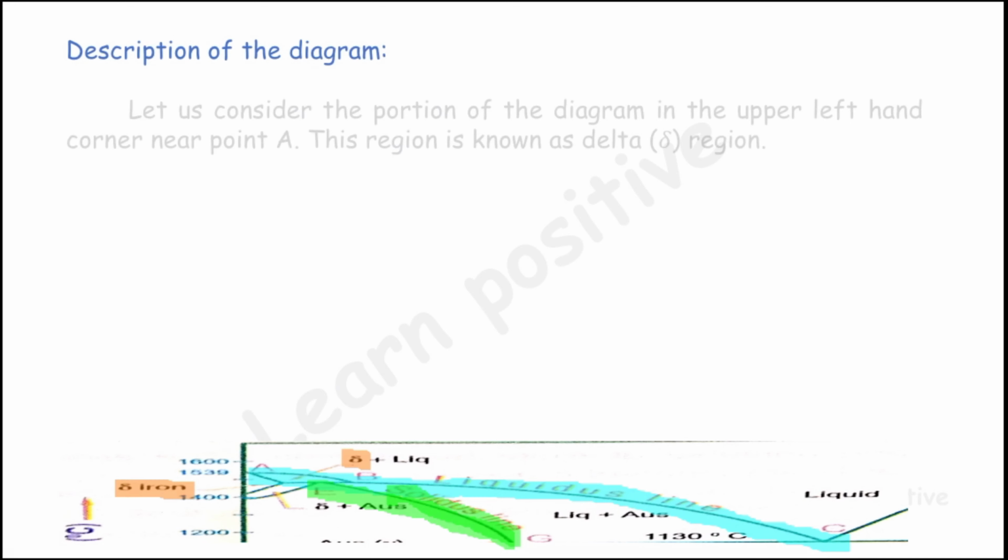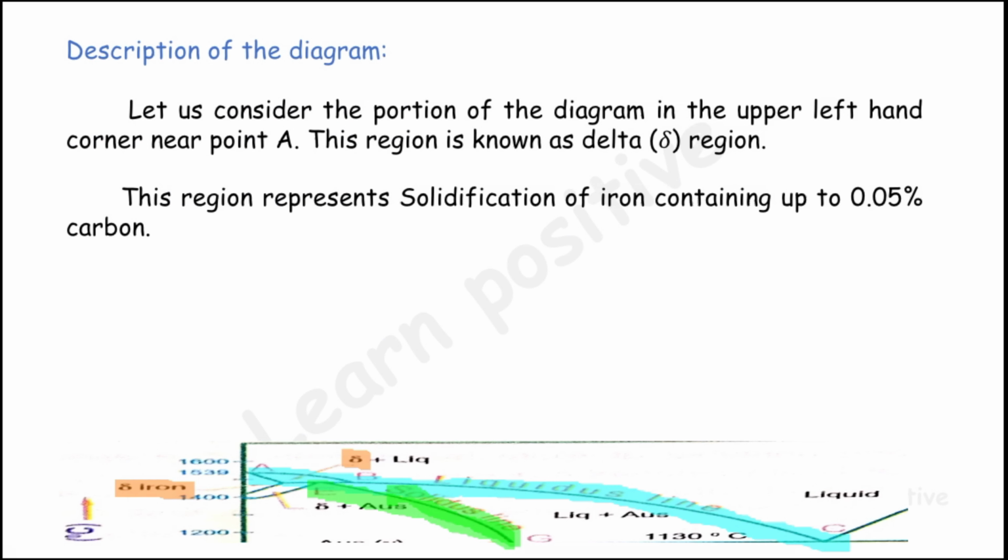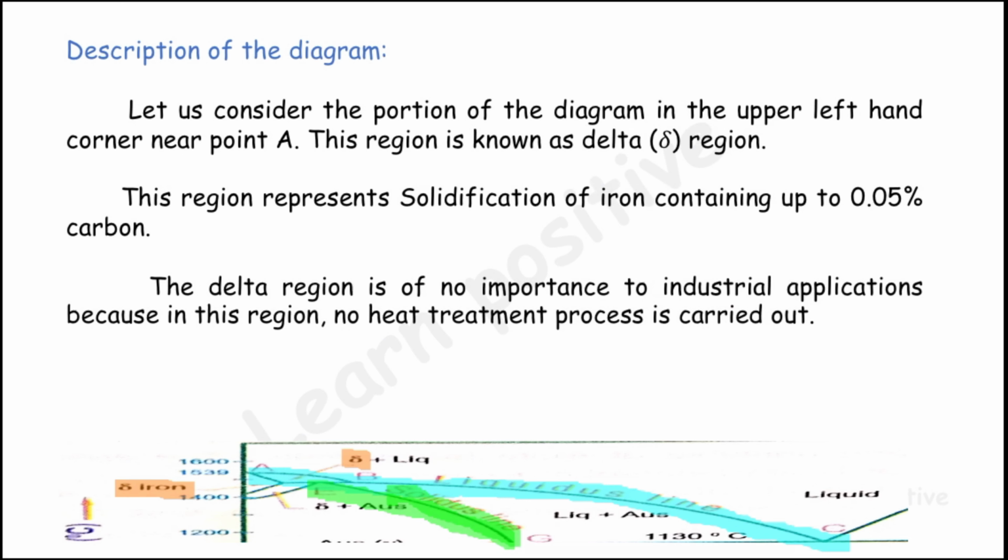Let us consider the portion of the diagram in the upper left hand corner near point A. It is said to be the delta region. The delta region has solidification of carbon up to 0.05%, and the delta region has no importance for industrial application because no heat treatment process is carried out there, as the metal is at the melting stage.